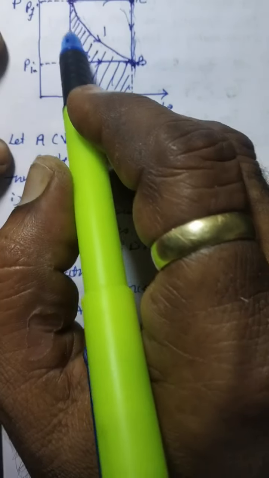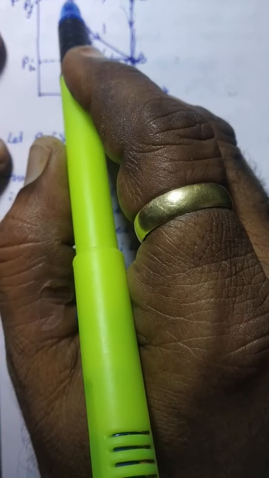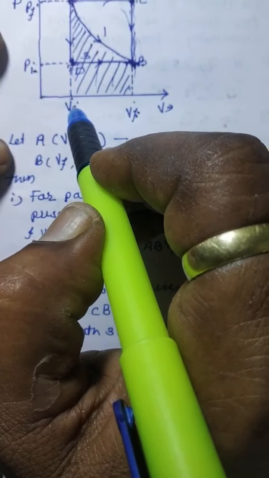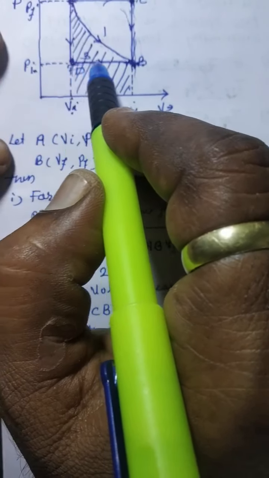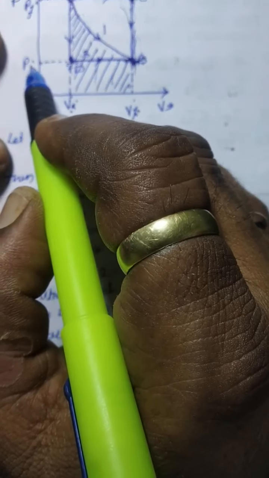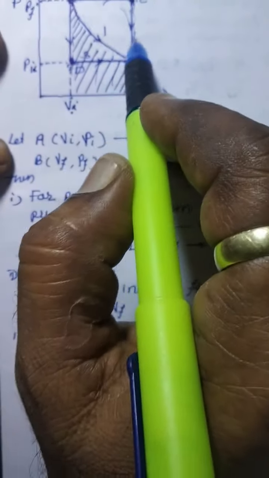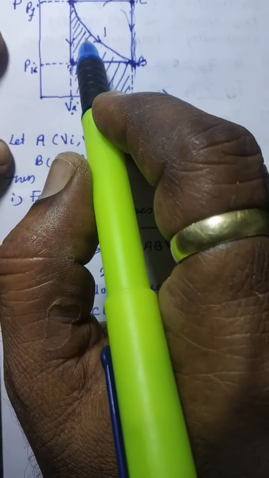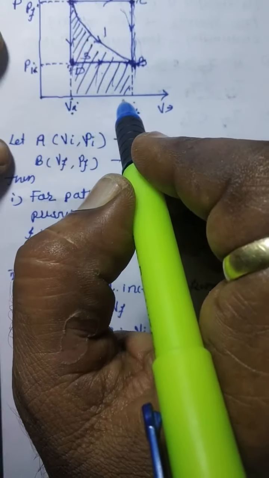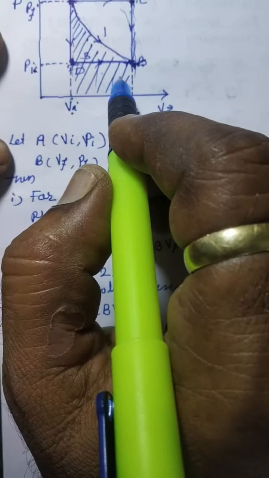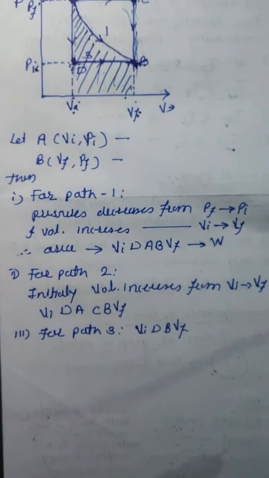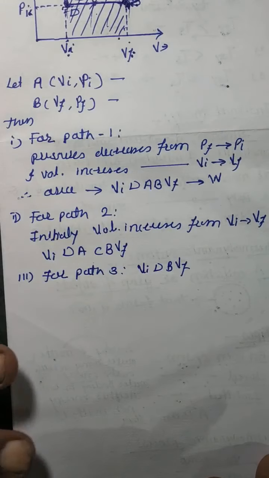And for path 3, initially pressure decreases from Pf to Pi at constant initial volume, and then volume increases from Vi to Vf at constant initial pressure. For all these three paths, area bounded by that curve with volume axis gives work done by system. Okay, this is about work done during thermodynamic process.